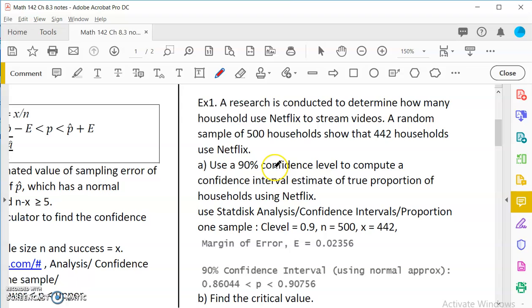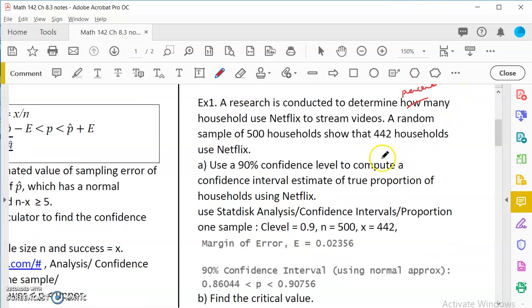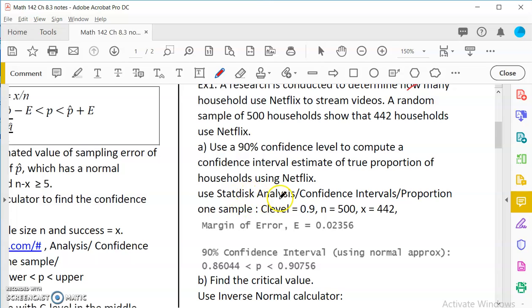So we want to compute a confidence interval estimate of the true proportion of households that use Netflix. Now, actually, I think we should say the research is to determine the percentage of households, right? We want to see what percentage is using Netflix. Some percent is still using cable, maybe some percent is using other streaming vendors.